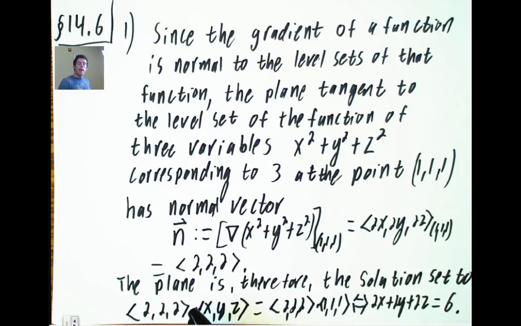So a point x, y, z is on the plane if n dot the position vector of that point is equal to n dot the position vector of a particular point on the plane. So then I take this algebraic equation and I simplify it to this form that doesn't involve any vectors. And I hope that that explanation helped to clear things up. If not, maybe watch more videos and make more practice for yourself.